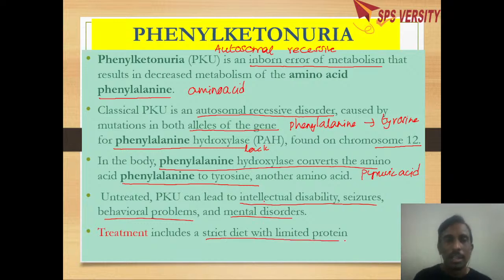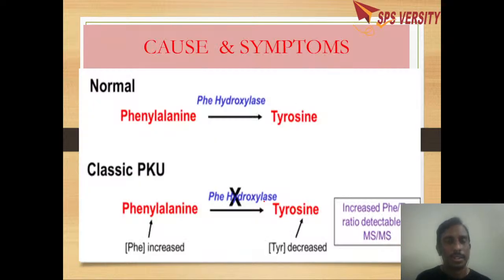And if you see this, in normal, phenylalanine is converted to tyrosine. It is a normal metabolic process which takes place in our body. But due to phenylketonuria, this enzyme is not secreted. So tyrosine will be decreased and phenylalanine will be increased.